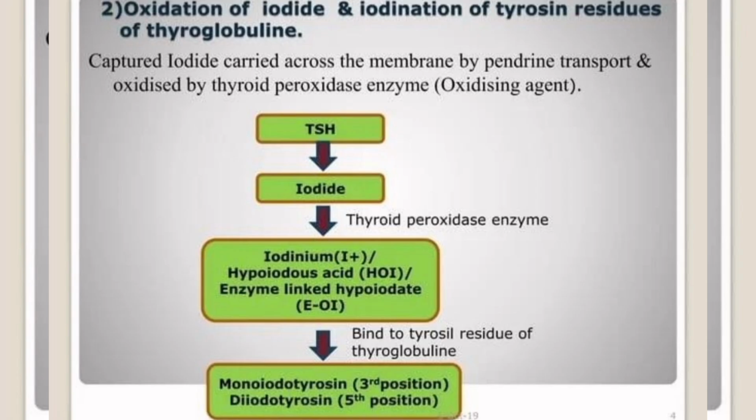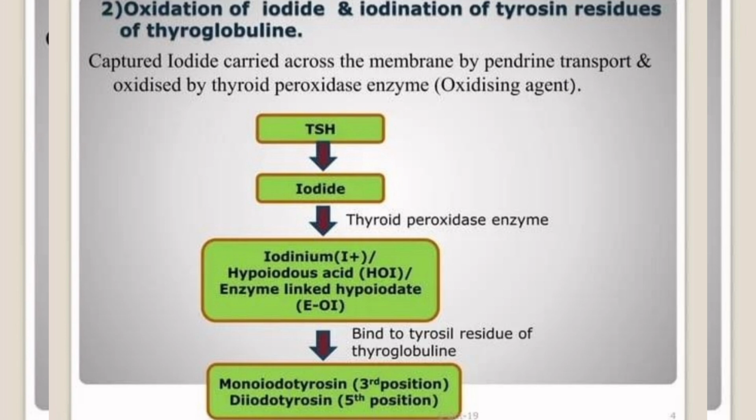Oxidation of iodide and iodination of tyrosine residues of thyroglobulin. Captured iodide is carried across the membrane by pendrin transport and oxidized by the thyroid peroxidase enzyme. By coupling with the iodide with the help of thyroid peroxidase enzyme, it produces iodinium, hypoiodous acid and enzyme linked hypoiodate.